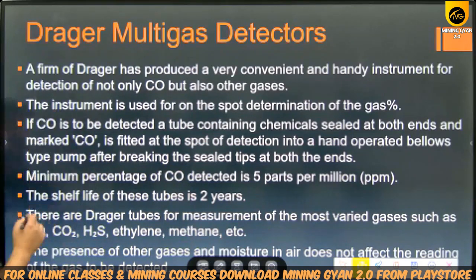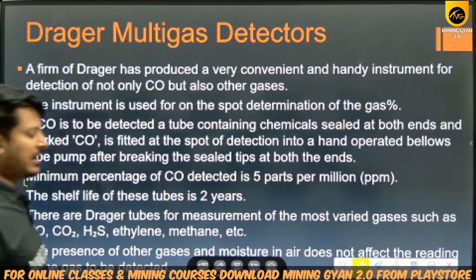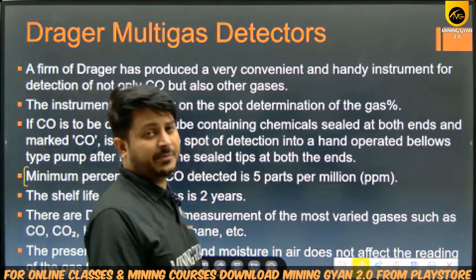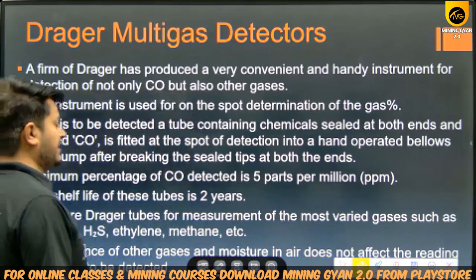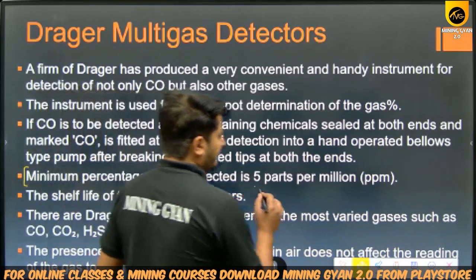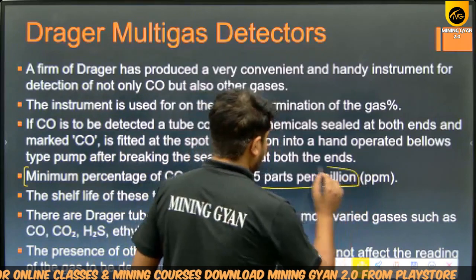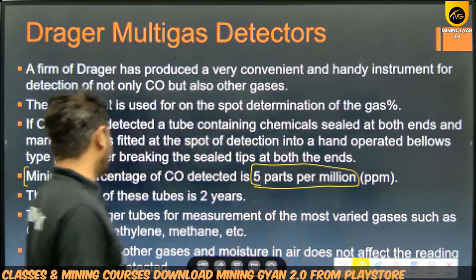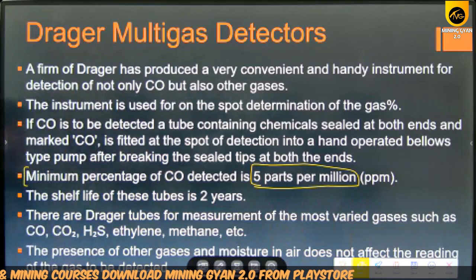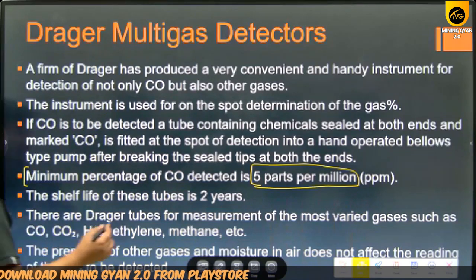Now, if we talk about the range, the least percentage of carbon monoxide detected by the Drager multi-gas detector is 5 parts per million. 5 ppm is the least concentration of carbon monoxide detected by the multi-gas detector, and the shelf life of these tubes is 2 years.